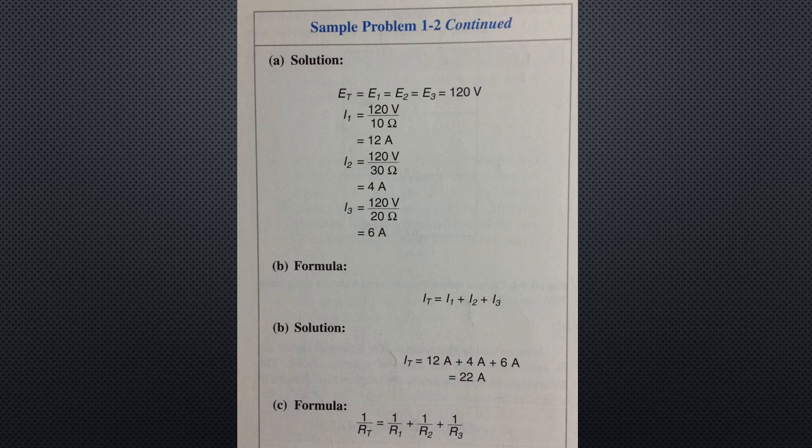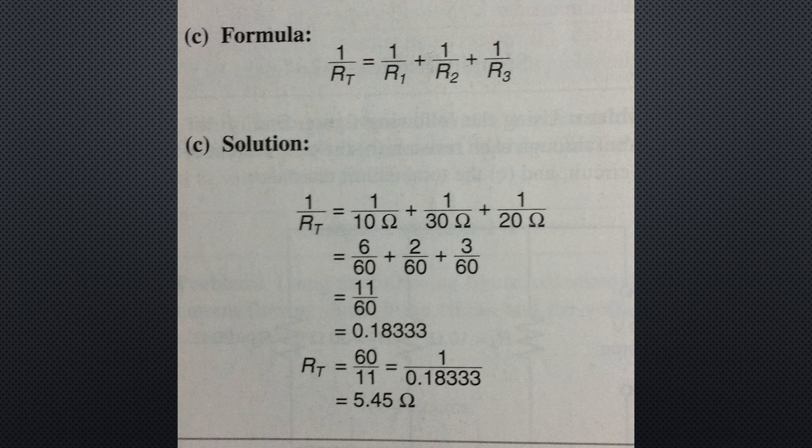Working out the formula, as you can see on the bottom of the screen, we ultimately get 5.45 ohms. You can go through the steps and work out the formula yourself to your satisfaction.